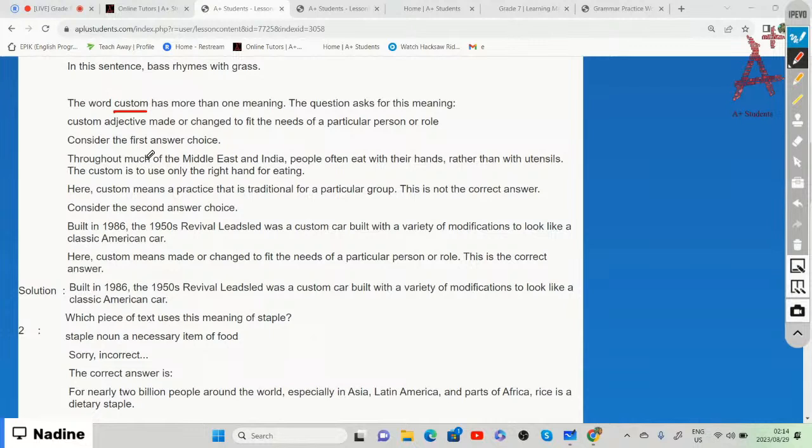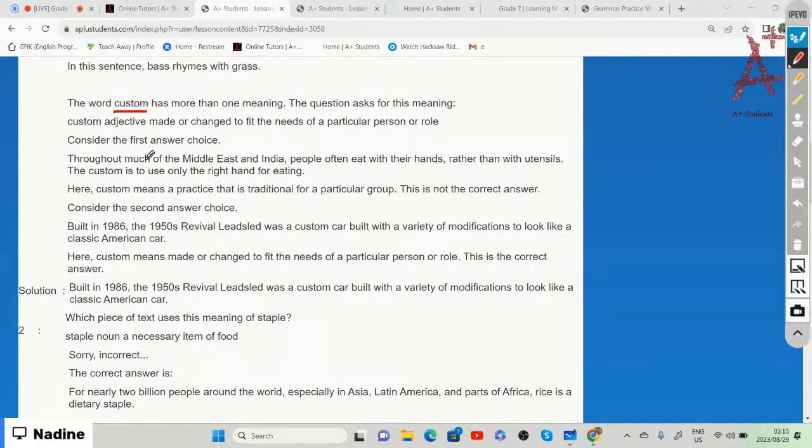Here we have custom, which means the word is the same, but to find common ground, it needs to match with another word that either sounds the same or is spelled the same, and then we find out the meanings of those words. Of course, there are a lot of words that are the same with different meanings. So the word custom has more than one meaning.